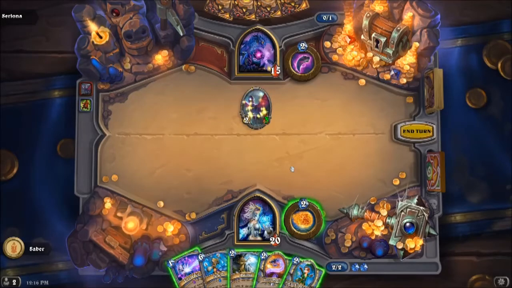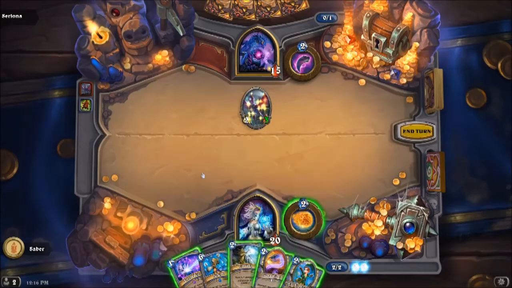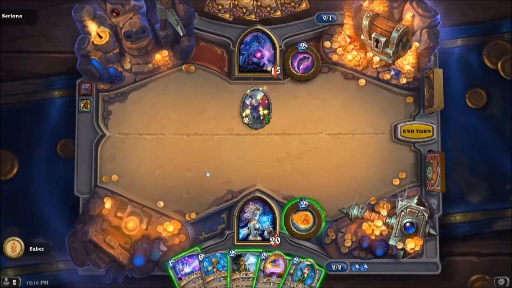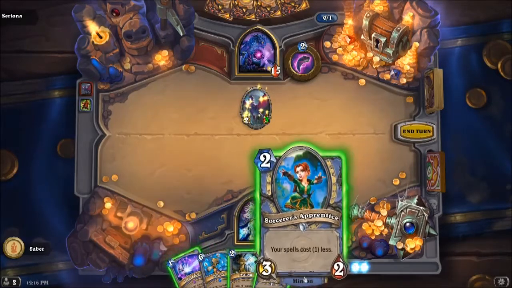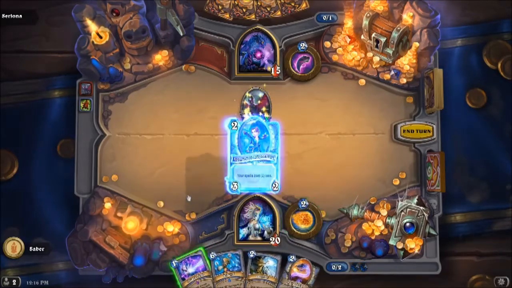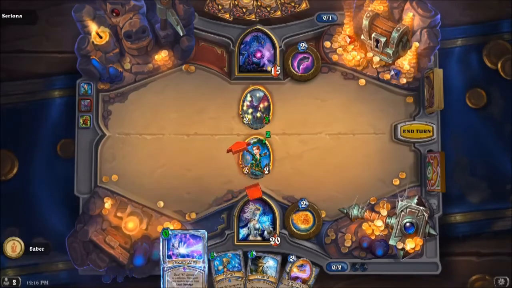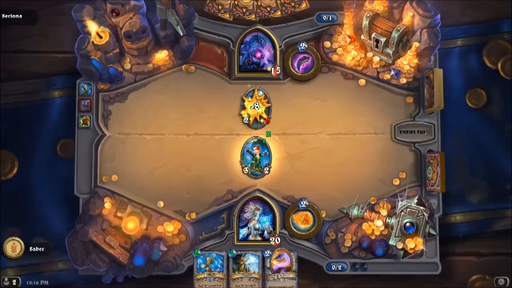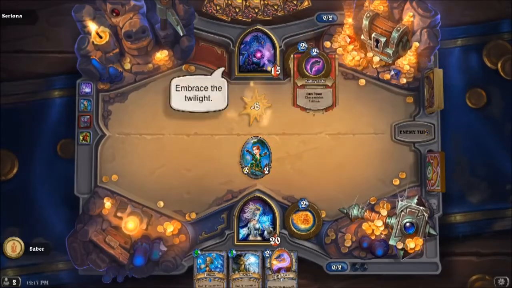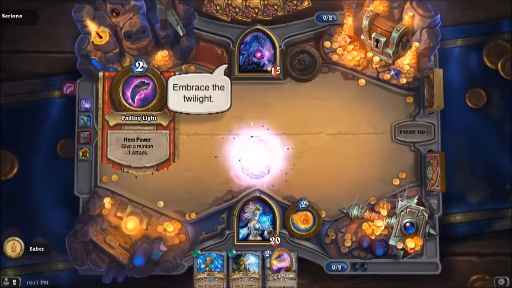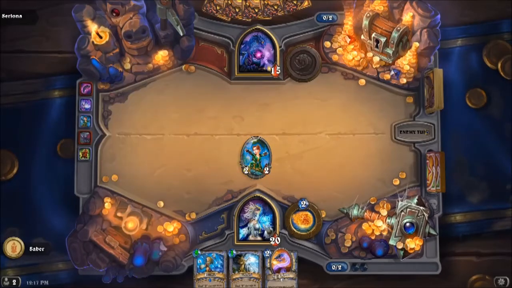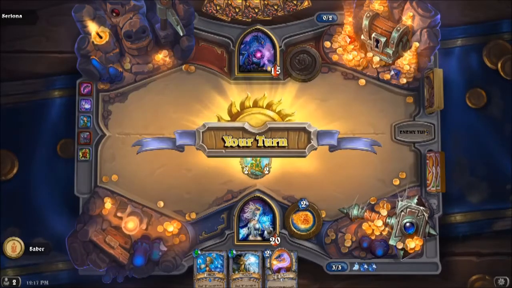Okay? So, in this case, let's go with that one. And yeah, why not? So what I'm currently playing through is one of the dungeon runs, so back during the Kobolds and Catacombs expansion.